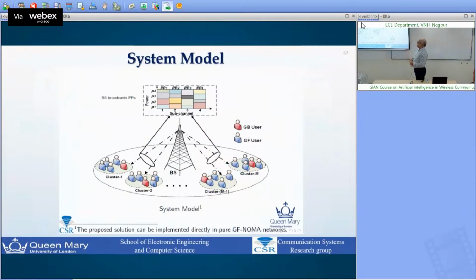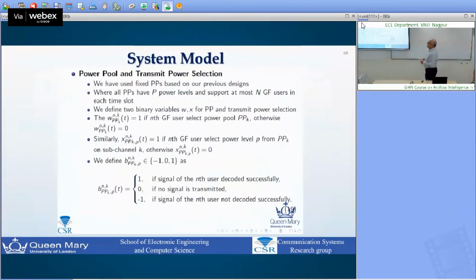Here, the base station is going to broadcast the power level. As I mentioned earlier, the base station calculates the interference threshold. According to that interference threshold, it is going to design the power pool and broadcast.